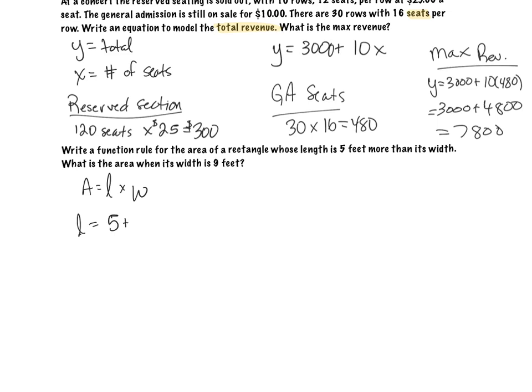So length is 5 feet more than its width. So now I want to do a little substitution into my original equation. Because I don't know the length outright, I can replace that because I know it's 5 more than its width, and then I can times that by its width.